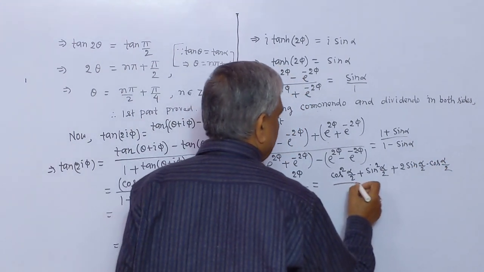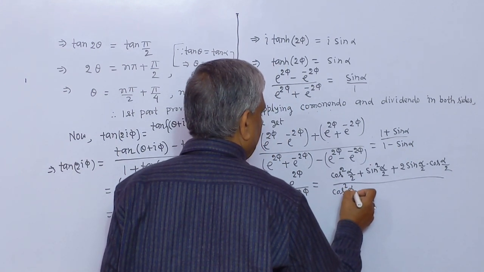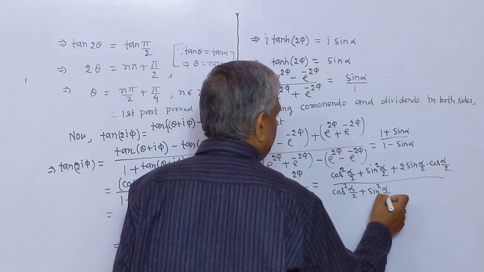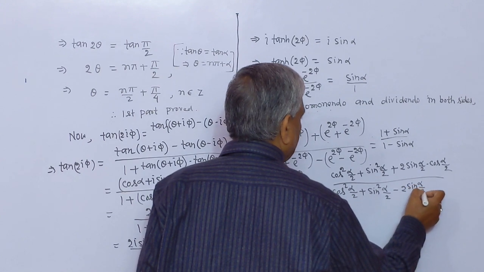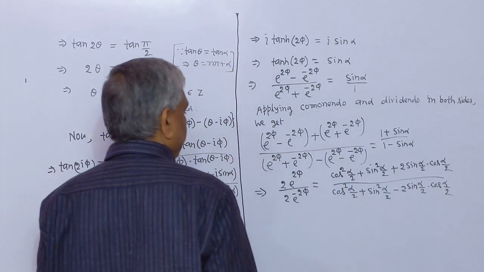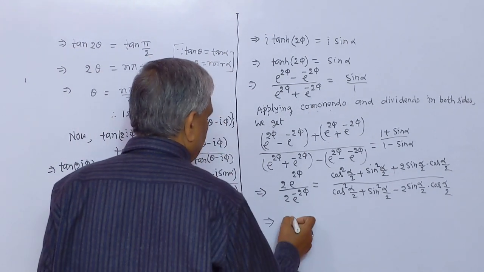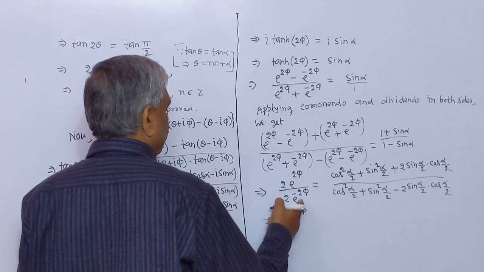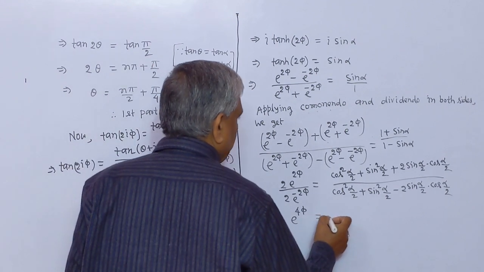Here also similarly we write 1 means cos square alpha by 2 plus sin square alpha by 2 minus 2 sin alpha by 2 cos alpha by 2, and on the left side 2 cancels, e to the power 4 phi, same base, so subtract powers.